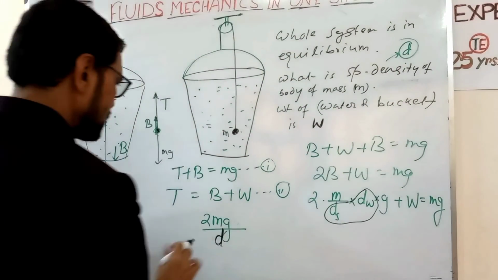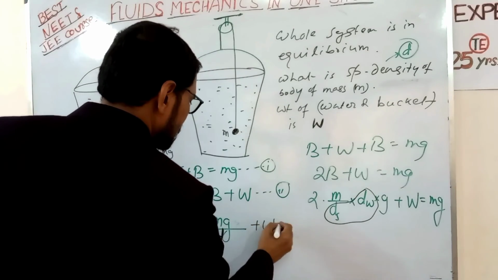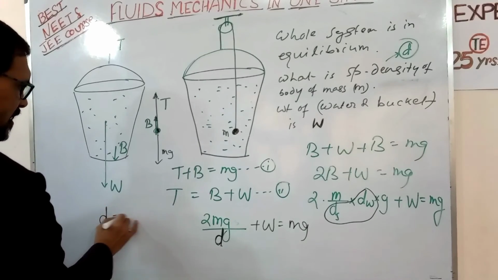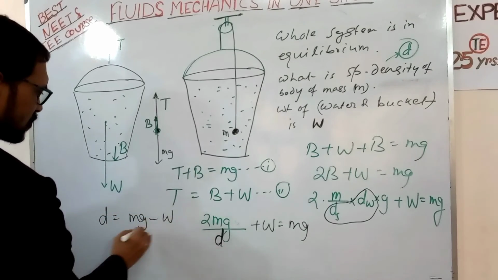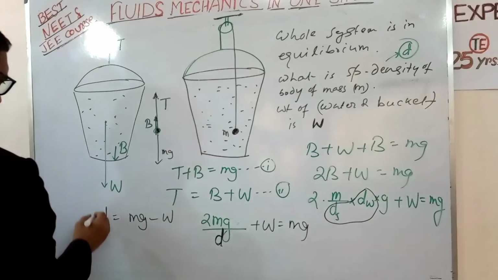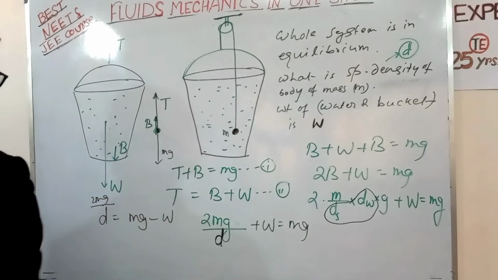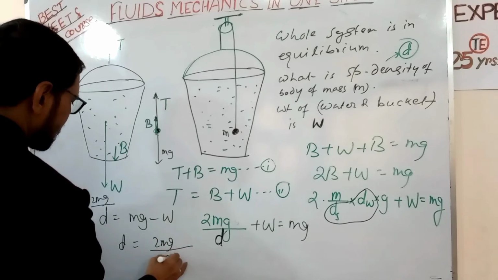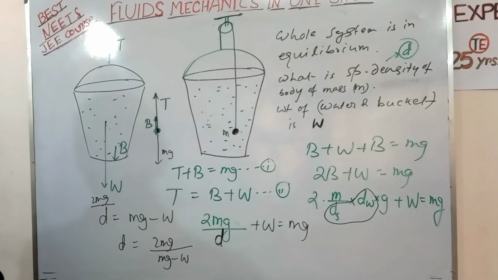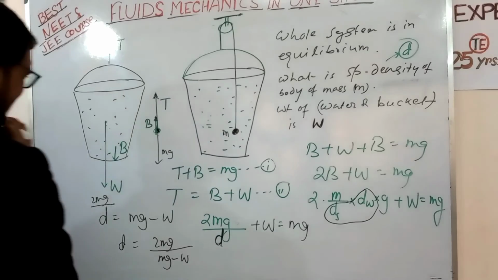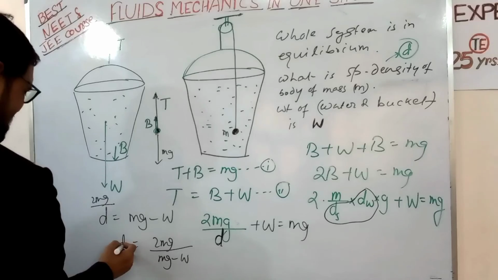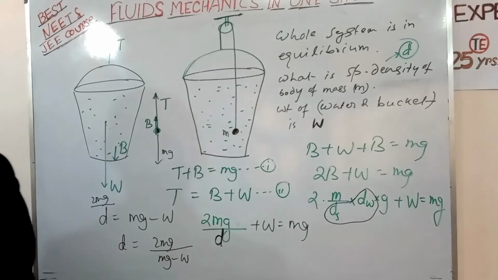Then 2 d g plus W equals mg, so d equals 2 mg by mg minus W. So this is the answer.